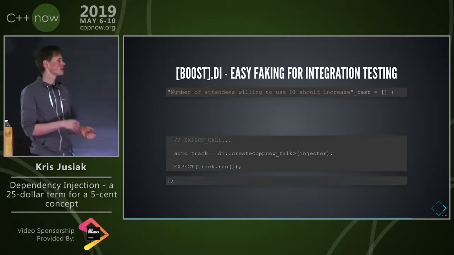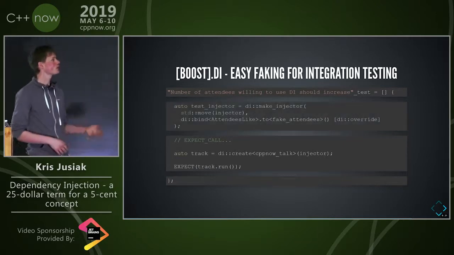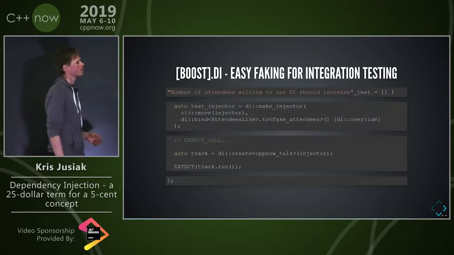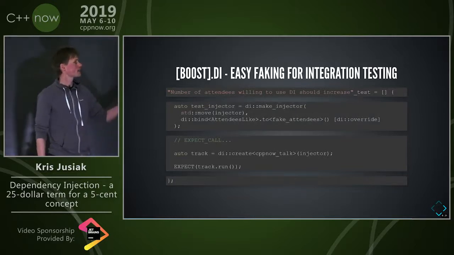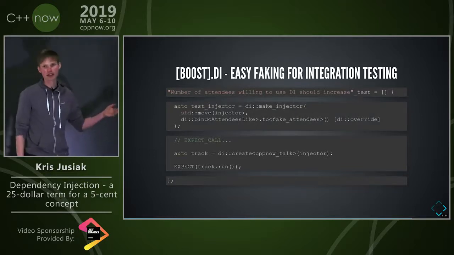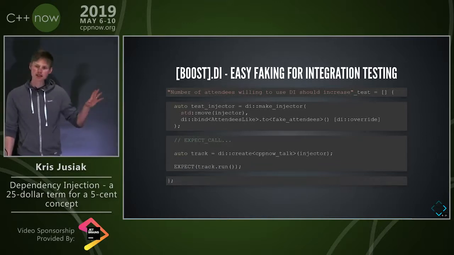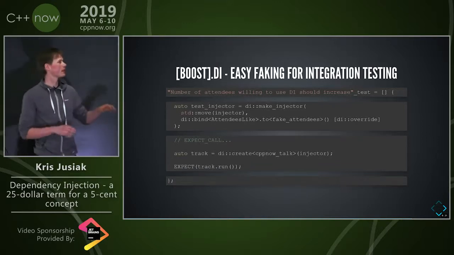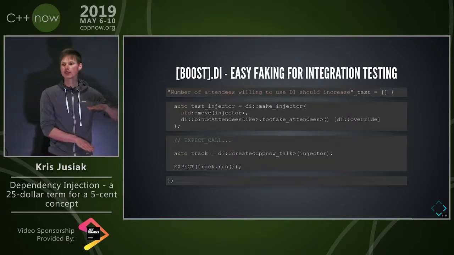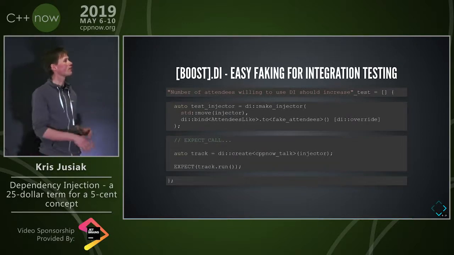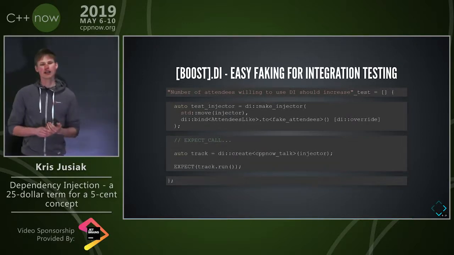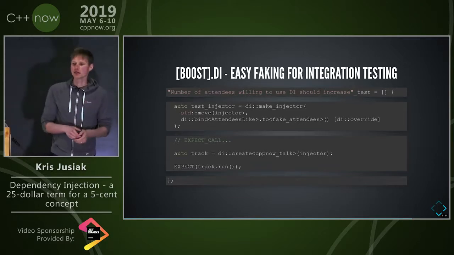So we would like to change just that part. We can use the basic approach for the production injecting part, where we bind everything the way we want in production, and after that we can just override something which we care to fake in our integration test.